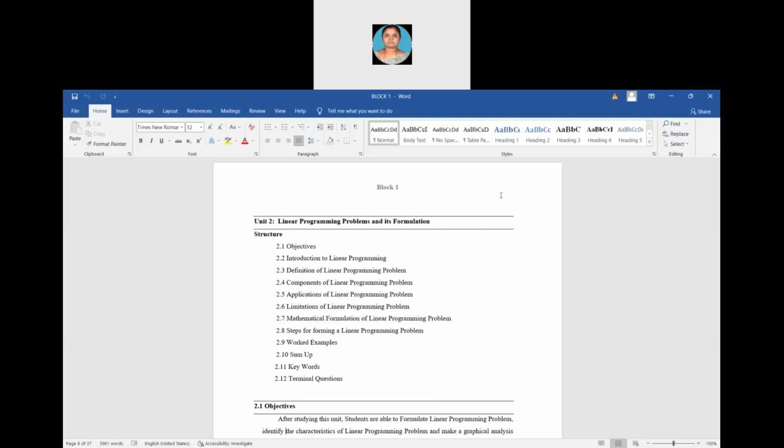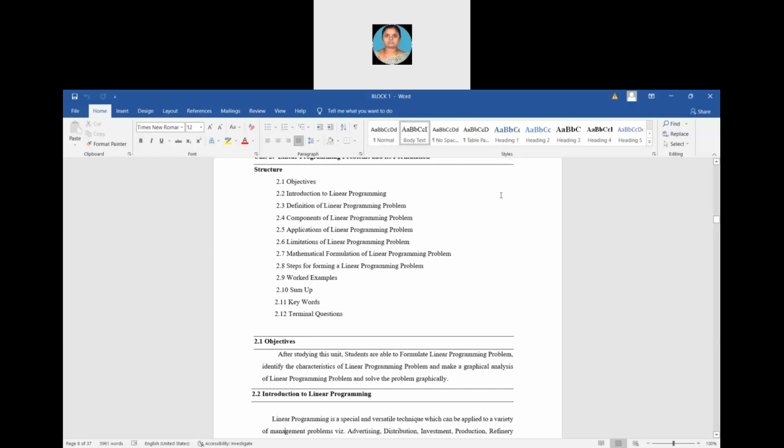Now we can come for the objectives. Objective means after studying this unit, we will be able to formulate the linear programming problem and identify the characteristics of that linear programming problem and make a graphical analysis for that one and solve the problem graphically.